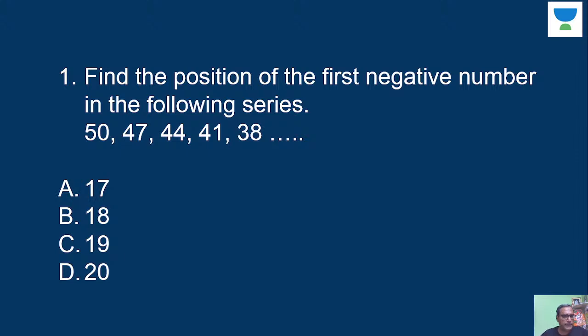Each and every time it is getting deducted by 3, decreased by 3. Find the position of the first negative number in the following series. 50 is the first number. At what position will the first negative number be obtained? Here the term is decreasing by 3.